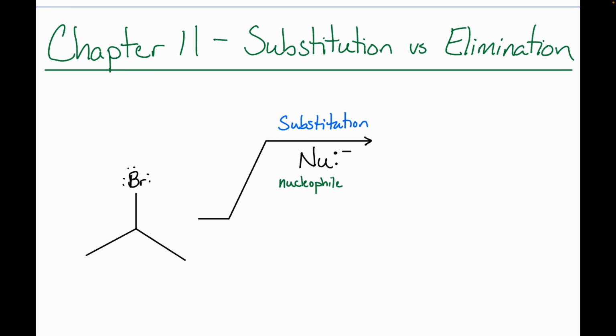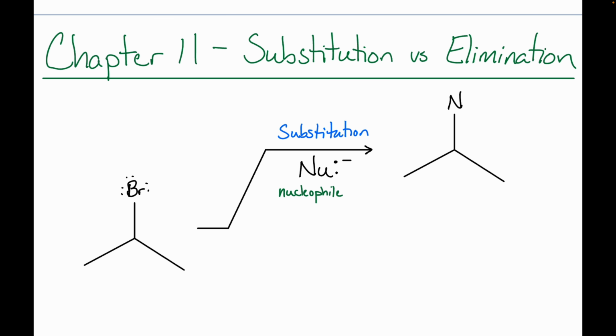What we're going to see is that these alkyl halides react with nucleophiles, and we swap out that halogen functional group for whatever that nucleophile is. So these are a substitution reaction. We're going to substitute our halogen for a nucleophile.